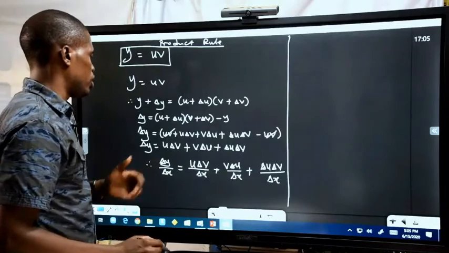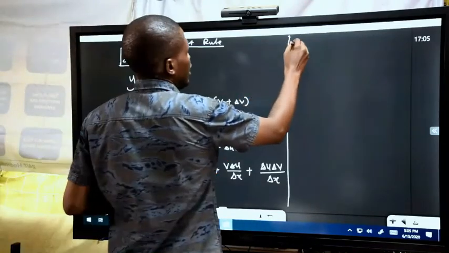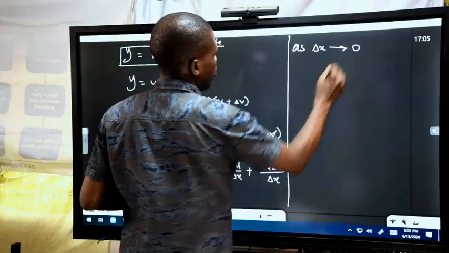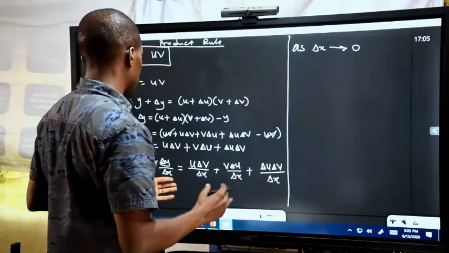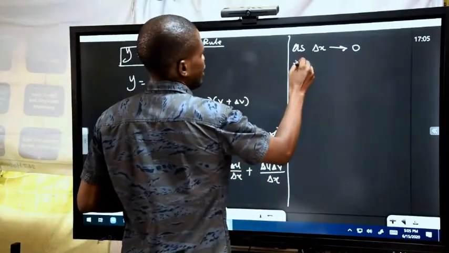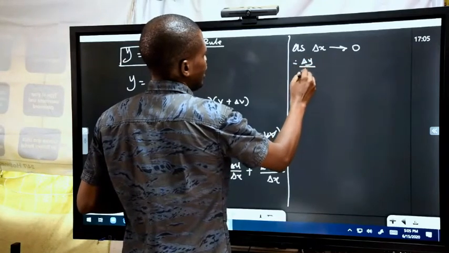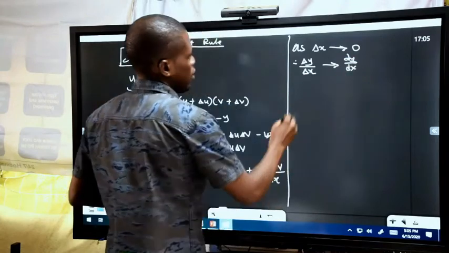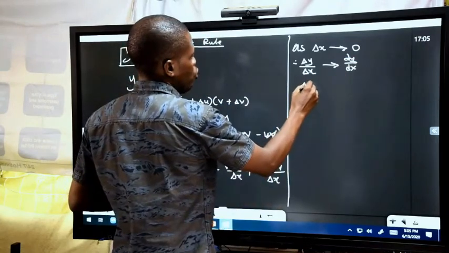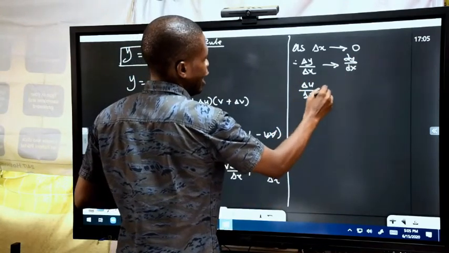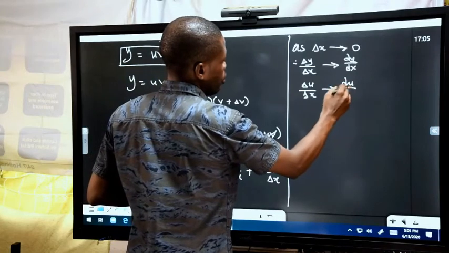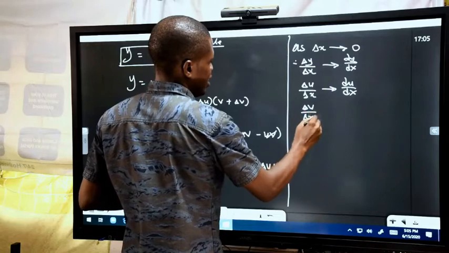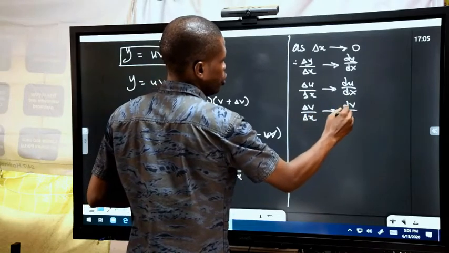So at this point, we can say as delta x approaches 0, then delta y divided by delta x approaches dy over dx. Delta u over delta x approaches du over dx. And delta v over delta x approaches dv over dx.